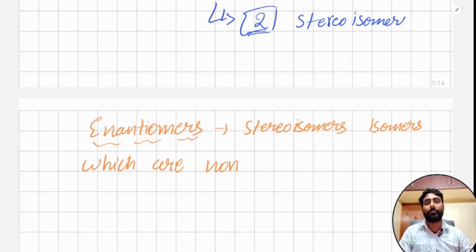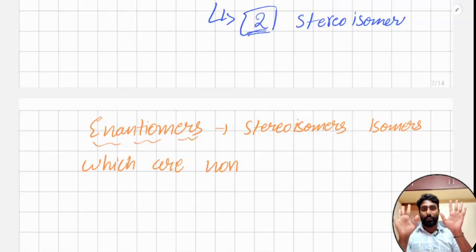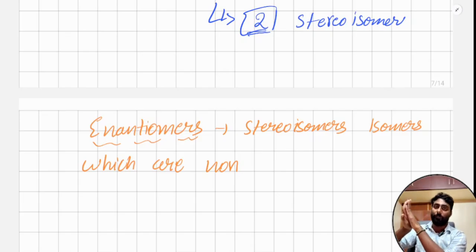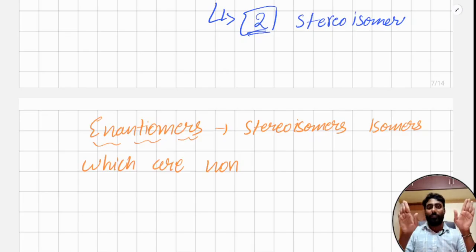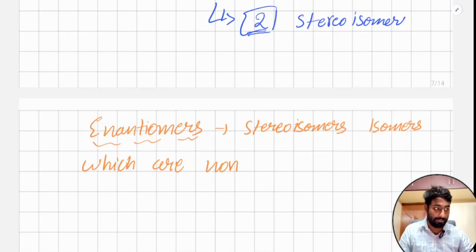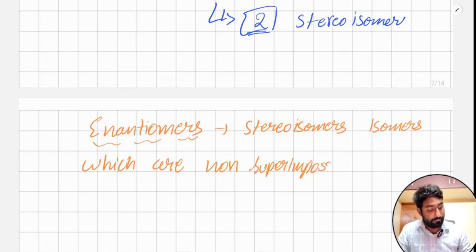The best example is your hand, students. See, both hands appear similar. They are mirror images of each other, but they are non-superimposable. If you place the hands like this, these two are different. They are not superimposable, but they are mirror images. For enantiomers, just remember your hands.